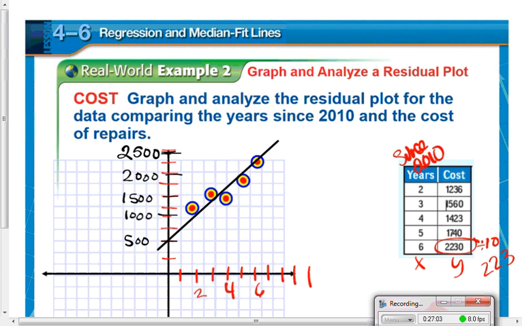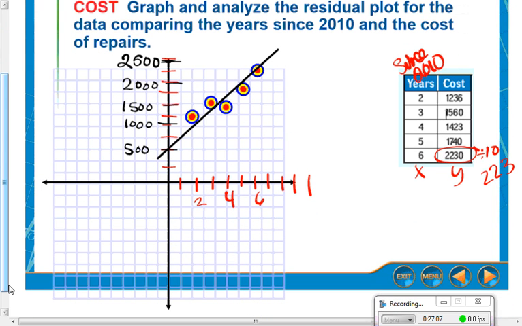Okay, so let's go ahead and look at our line of best fit. I mean, just looking at it, it's obviously positive or negative? Positive. Is it strong or weak? Strong, because the dots are close to it, right?